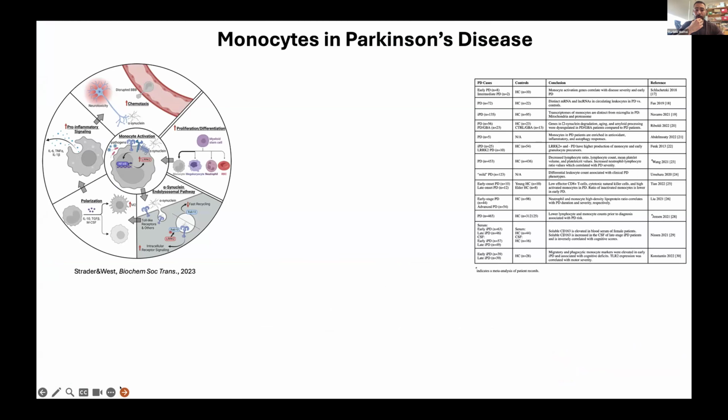Peripheral monocytes seem to contribute to disease progression in many different ways, potentially through an altered state, which has been highlighted by now a large number of studies, including studies from our lab that transcriptionally characterized monocytes from idiopathic PD as well as from GBA PD and non-manifesting GBA PDs.